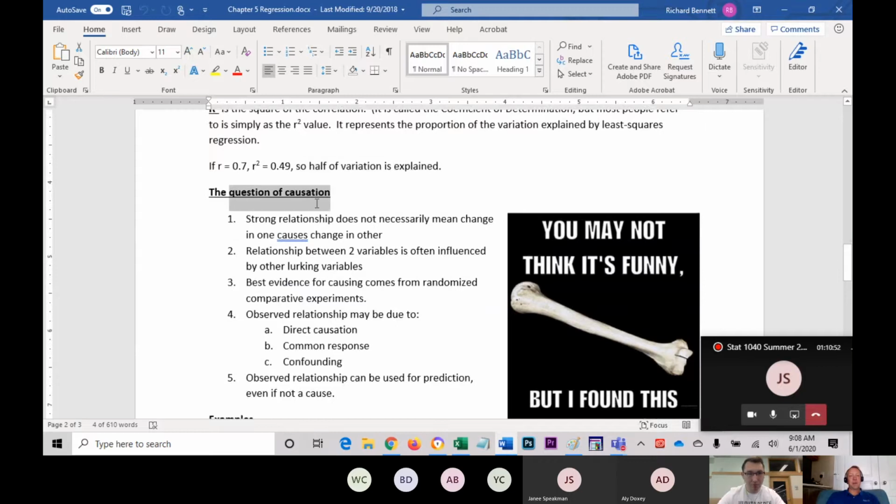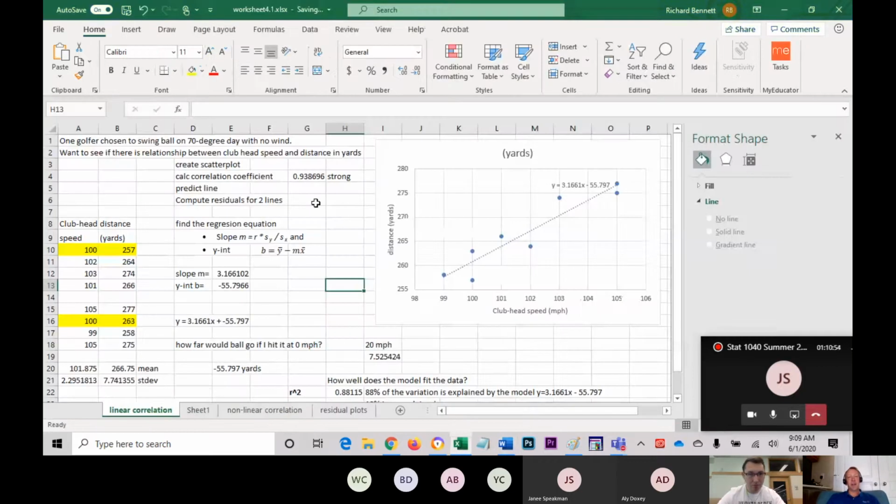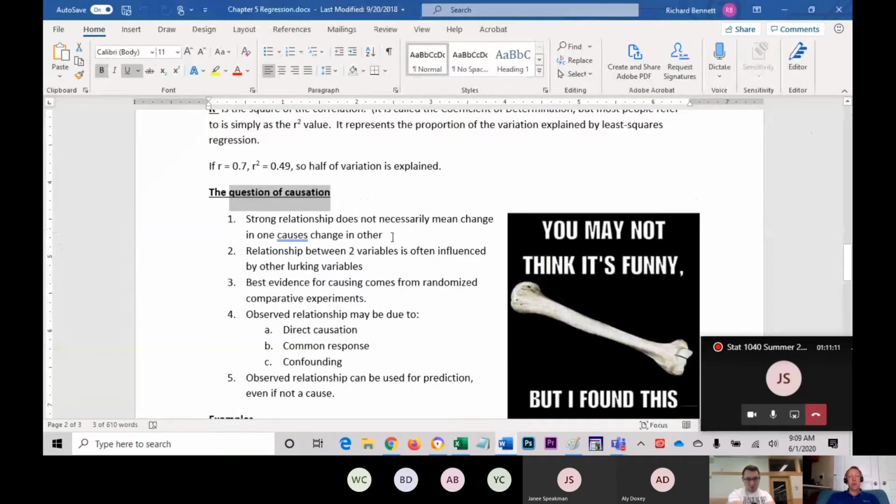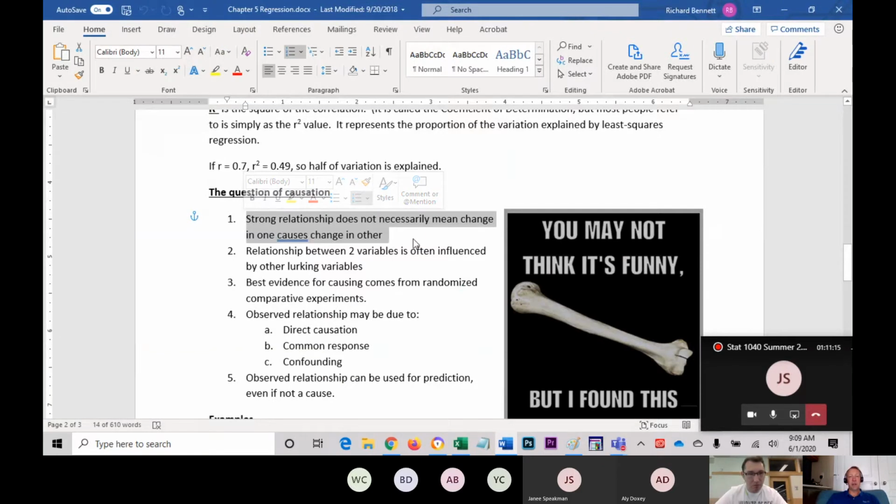Now the question of causation. It seems like how fast you swing the golf club should affect how far the ball goes. That seems like a plausible explanation. But remember that a strong relationship does not necessarily mean that change in one causes a change in the other.